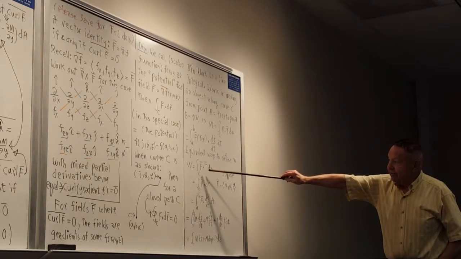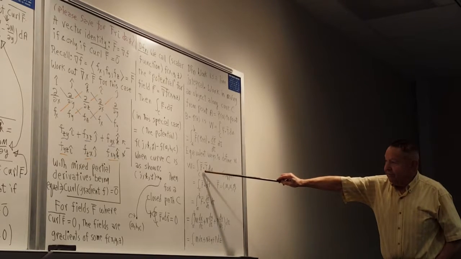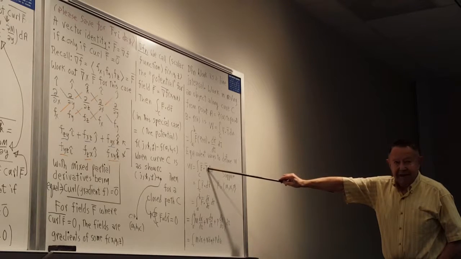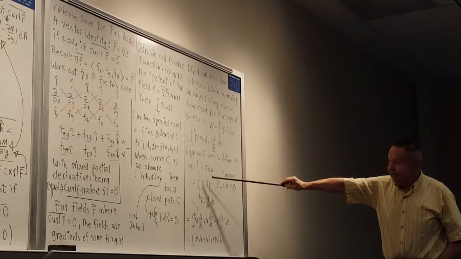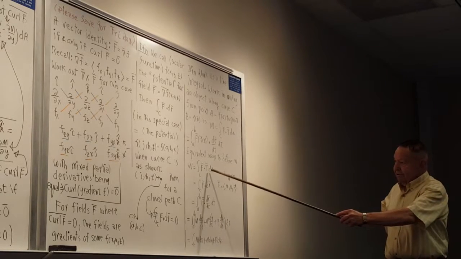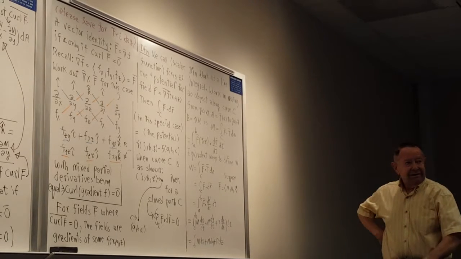So you can say work is your line integral on the curve, whatever it is, F dot the unit tangent vector, differential arc length, which you remember is the magnitude of the velocity.